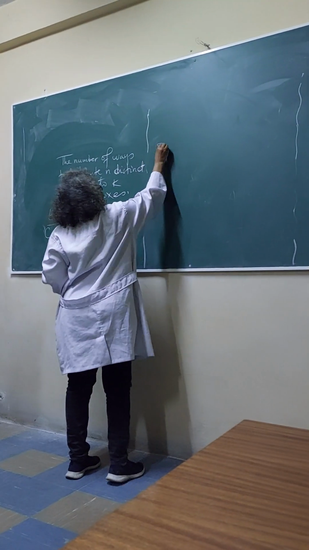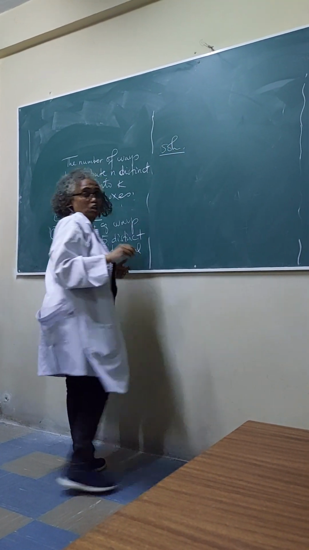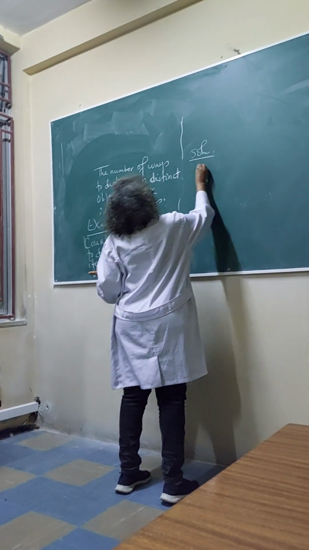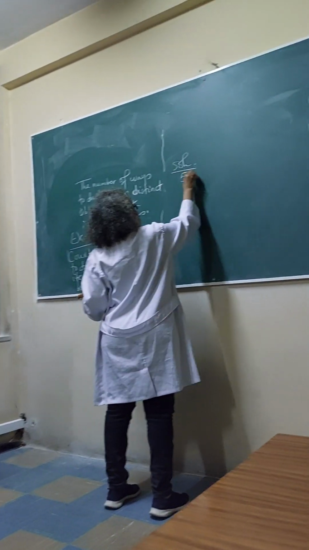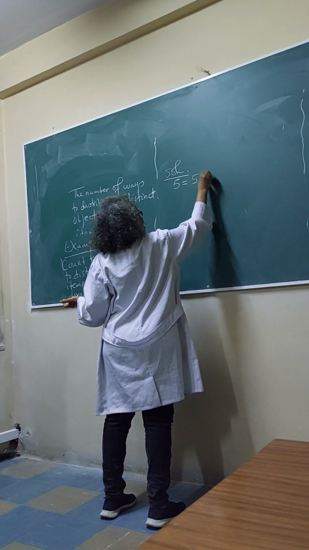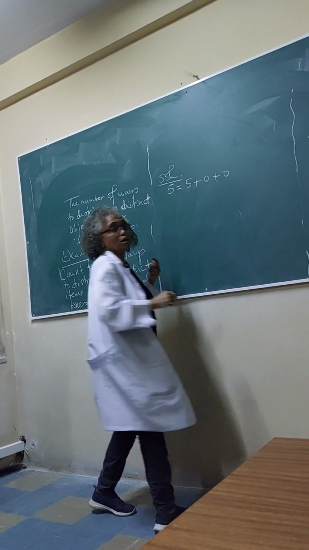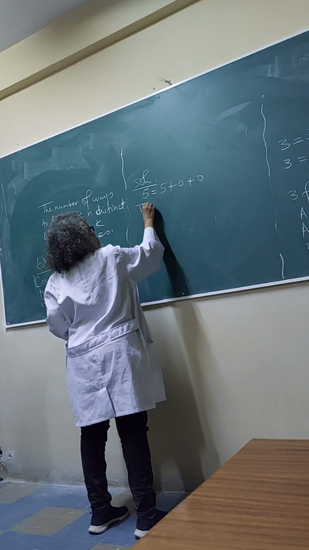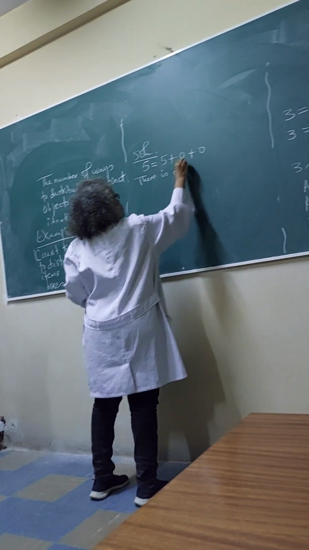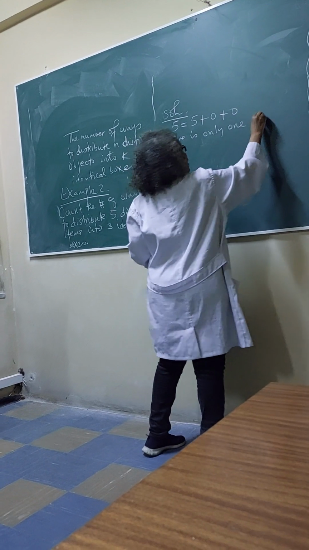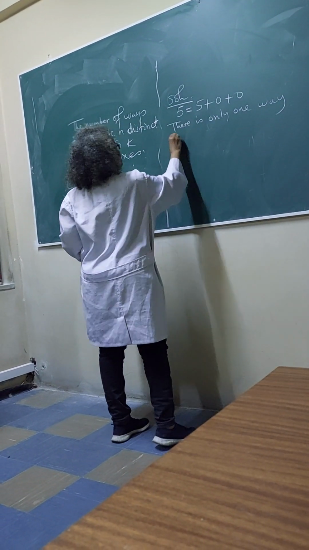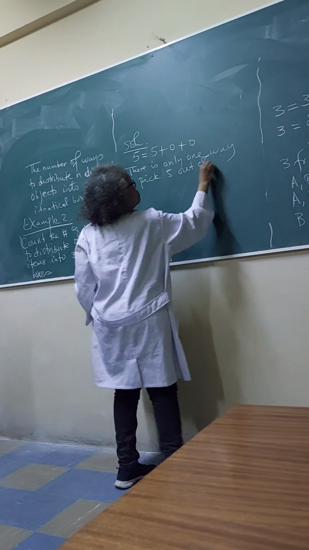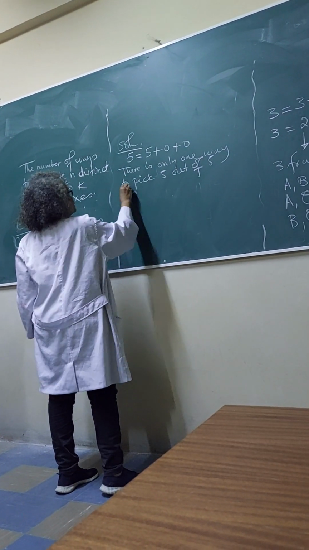Now, I have to look for 3 numbers, I have 3 containers, 3 numbers, which add up to 5. So, obviously, 5 plus 0 plus 0. And there is only one way to pick 5 out of 5 distinct objects.